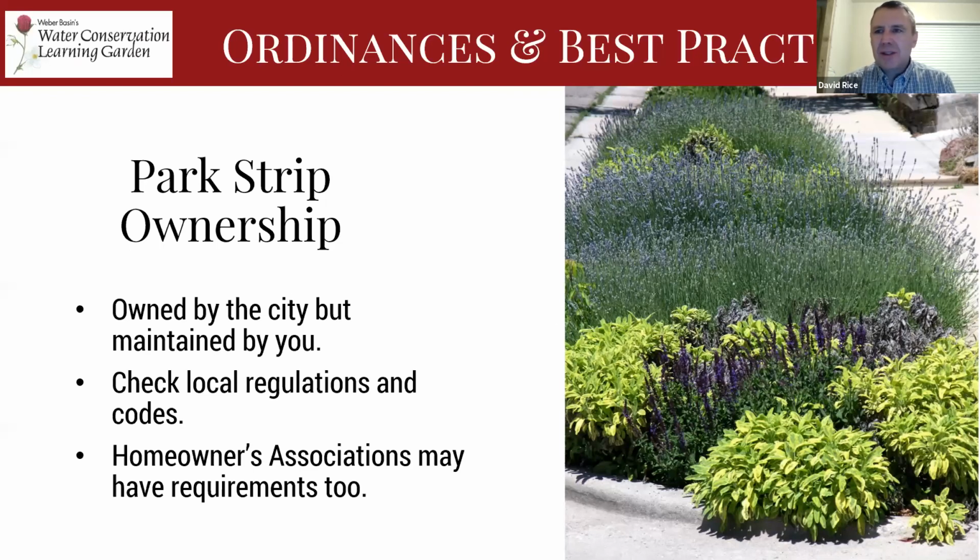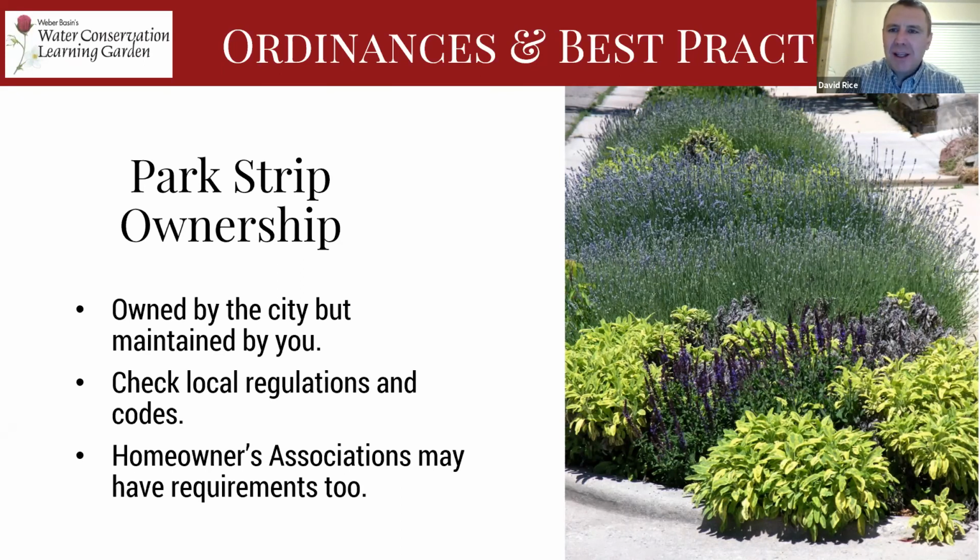And if your HOA is just a real stickler for stuff, good luck. It's always good to approach and make some suggestions and try to deal with some things. Homeowners associations have been known to fine residents and really make an issue out of some things. So please always check the best practices in your ordinances for that space.